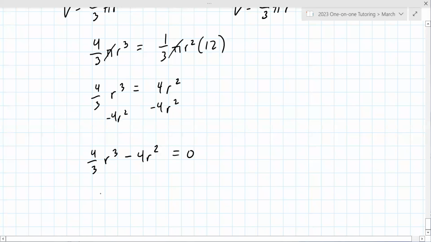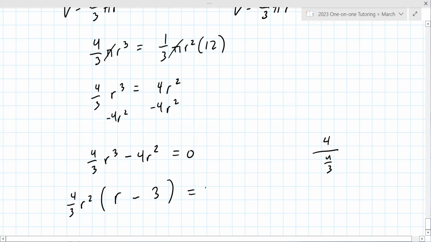Then you factor out 4/3 r squared from both, which leaves you r minus... what goes here? Like you said, keep change flip: 4 divided by 4/3, which is 3.